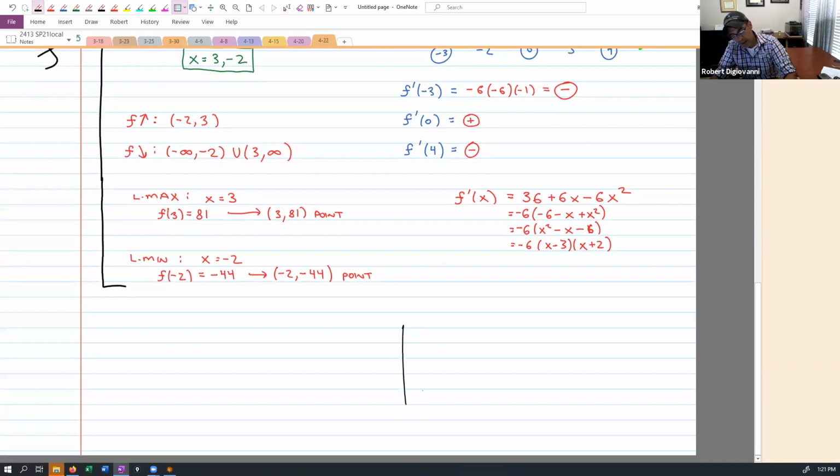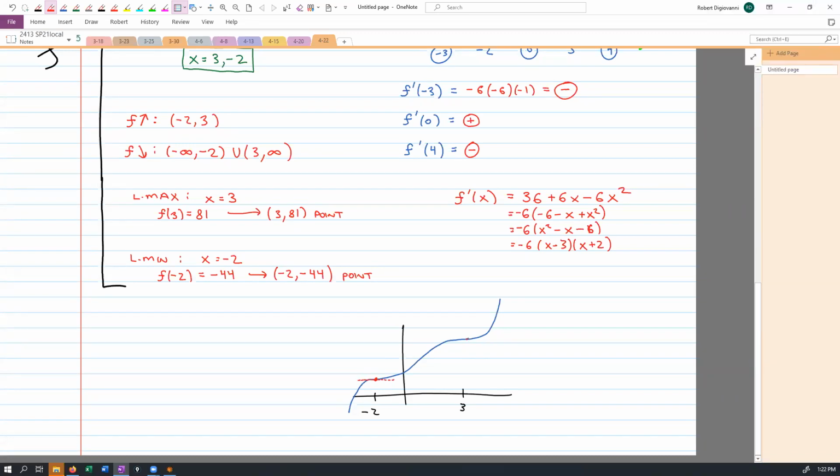To show you an example where that wouldn't work, what if I drew this graph for you? I tried to draw the best I could. Here, the slope of the tangent line is 0 because it flattens out there, and over here the same thing.